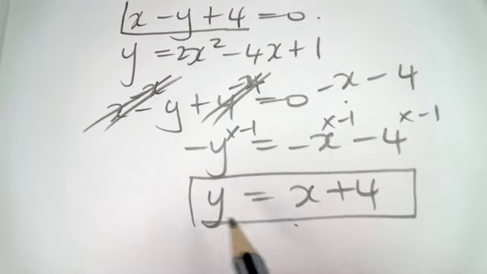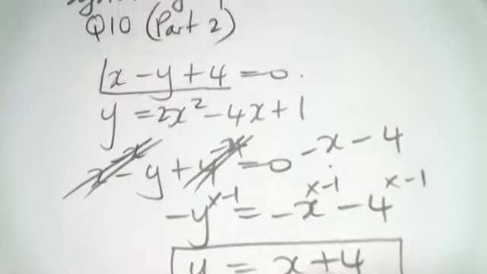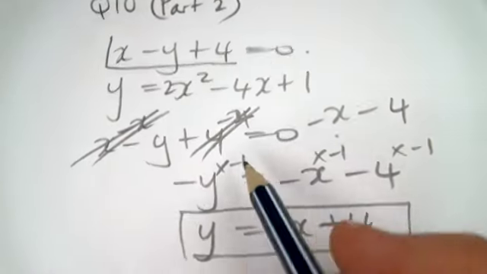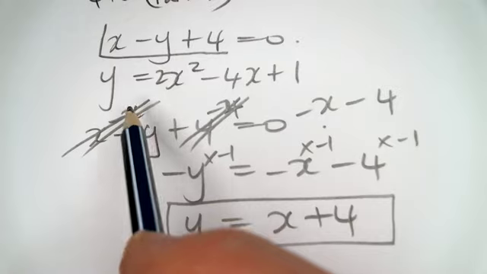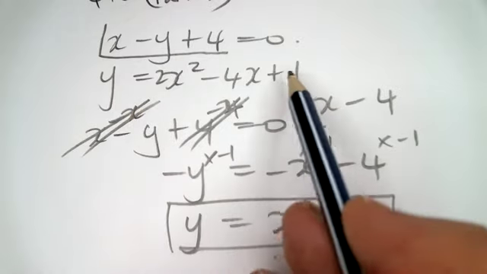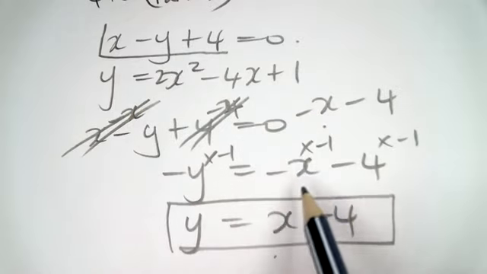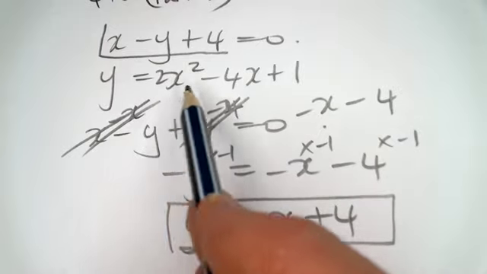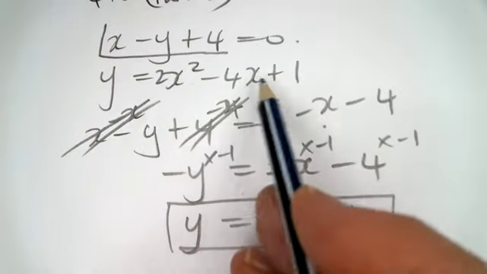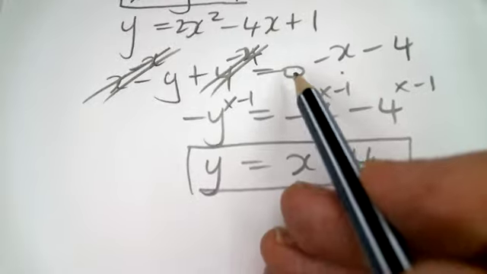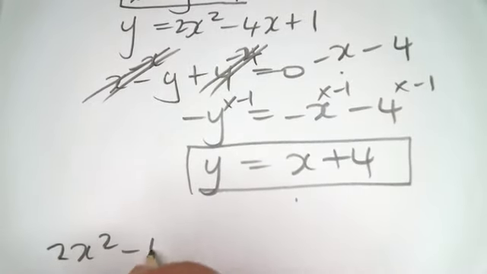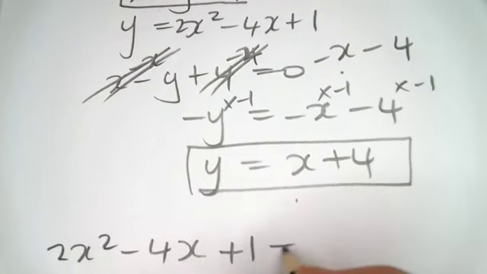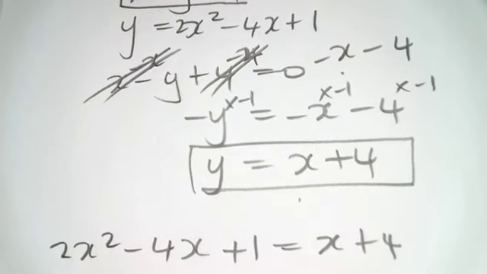Okay. So now I've got a useful looking equation, and I'm going to make that equal, using the equivalence method of the simultaneous equations tactics, to this thing here. So I'm going to have x plus 4 is equal to this, but I'm going to put this on the left side because it's got more components. So I'm going to say 2x squared minus 4x plus 1 is equal to x plus 4.